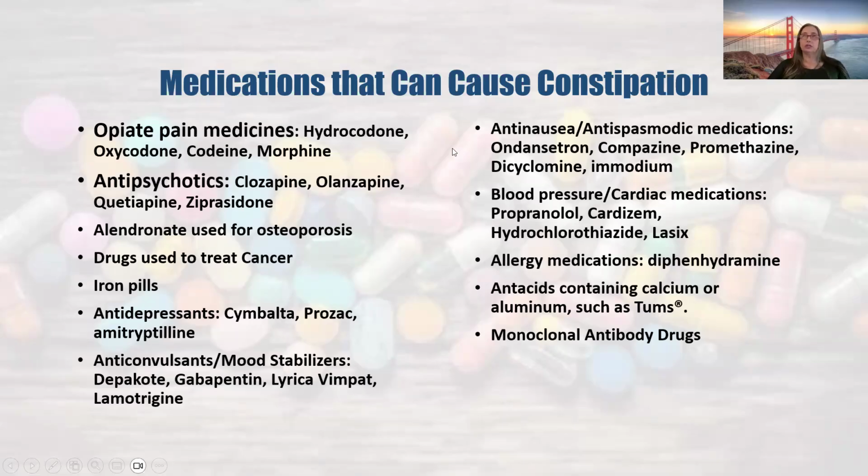Anything that's to decrease nausea or intestinal spasming. The whole role of those drugs is to stop the GI tract from moving around too much, right? We don't want to throw up, so we take something that's going to stop that contracting and spasming of the stomach or the esophagus.